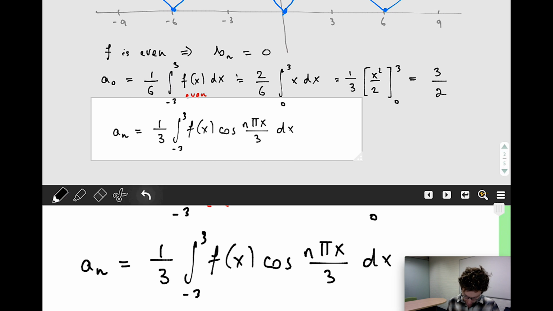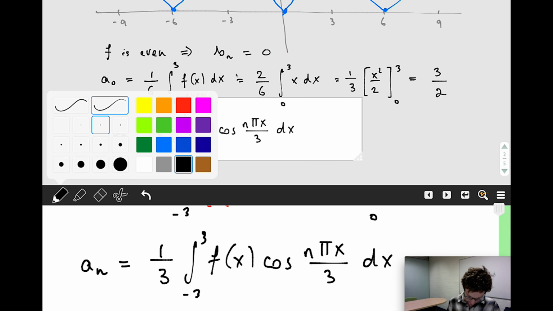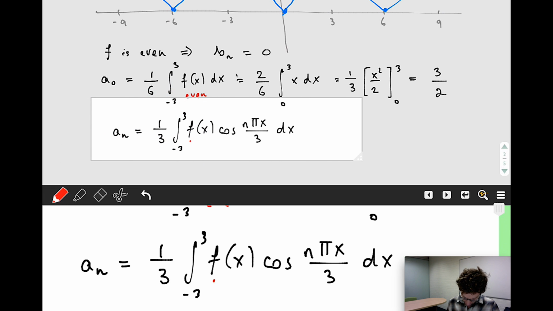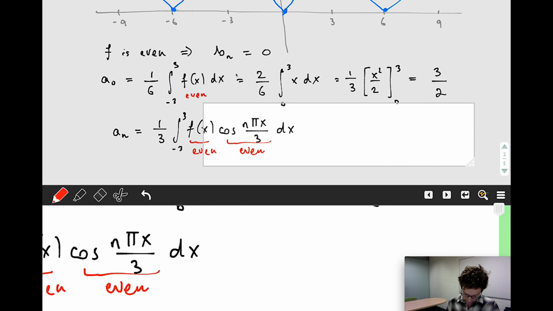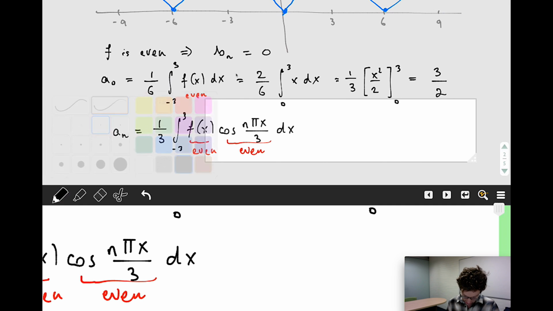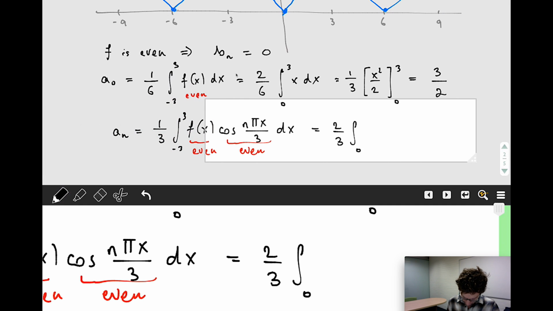Let's take advantage of the symmetry in the problem. f of x is even, cosine is even, so the integrand is even, and I can write this as 2 times the integral from 0 to 3. Again, f of x takes the value x between 0 and 3, because absolute value doesn't do anything, multiplied by cosine n pi x over 3 dx.